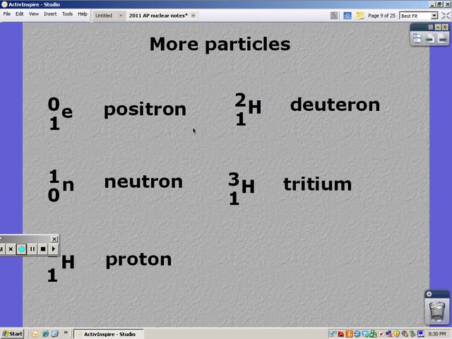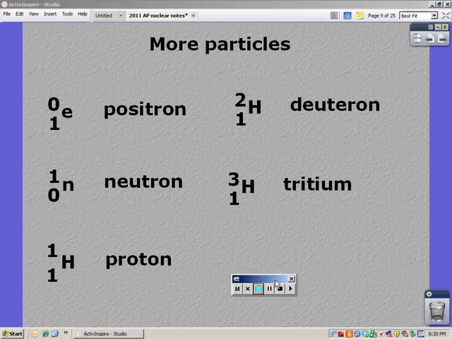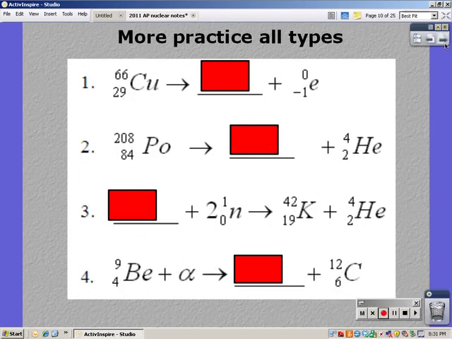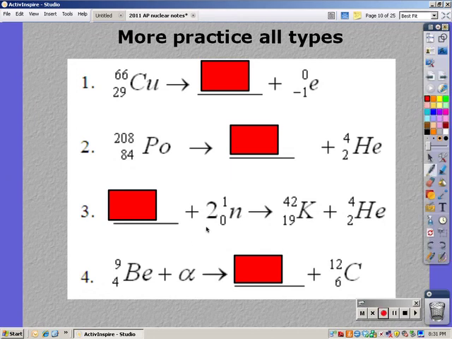Here are some other particles that you need to know. Before you try these on your own, look at number 3.